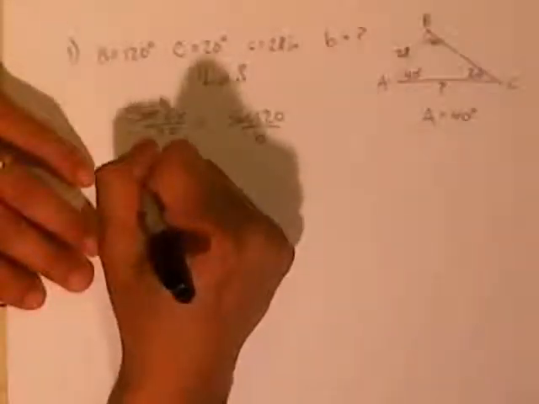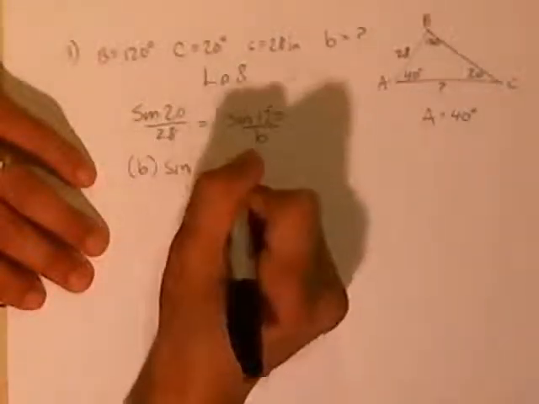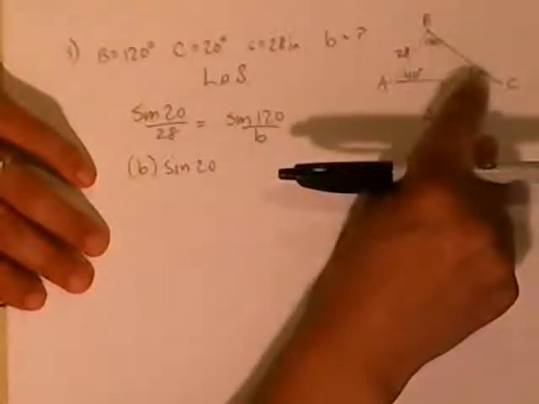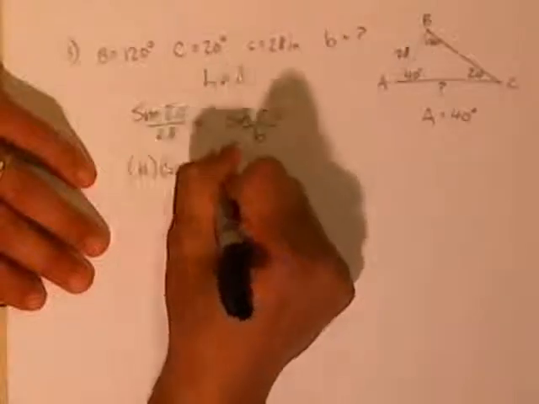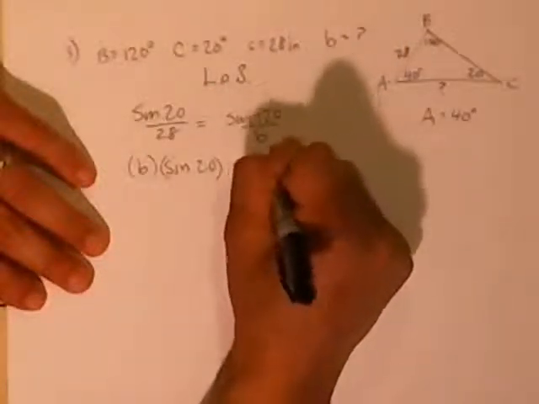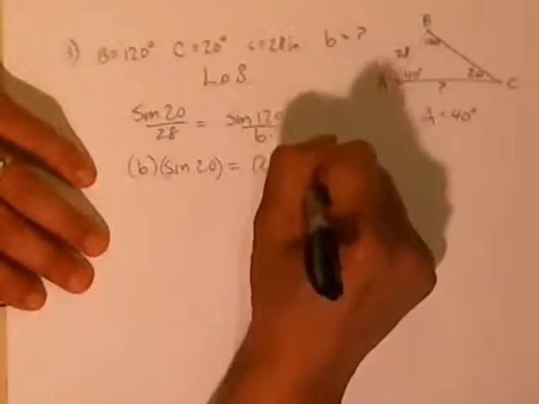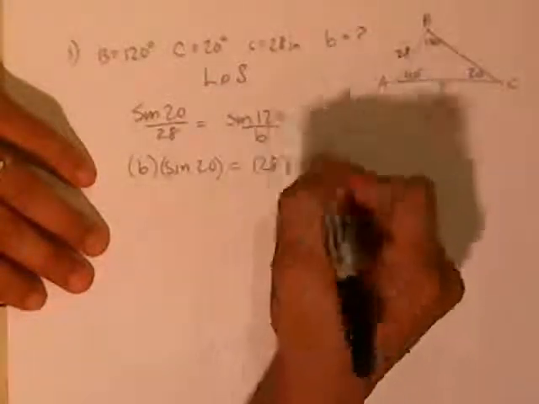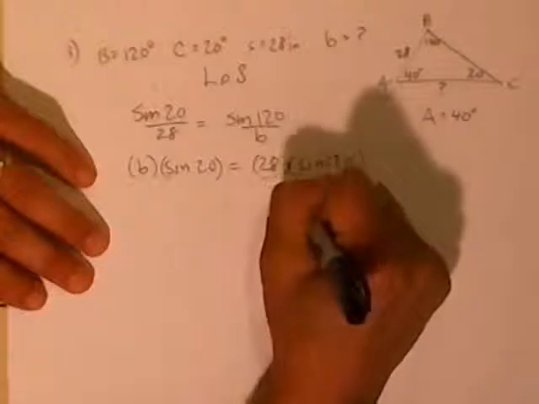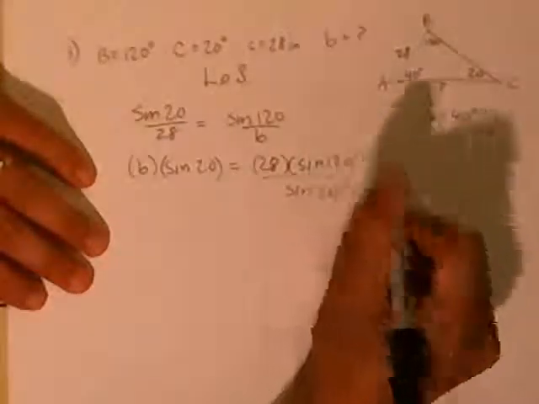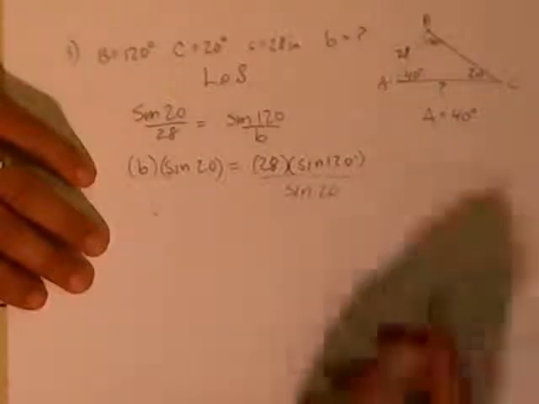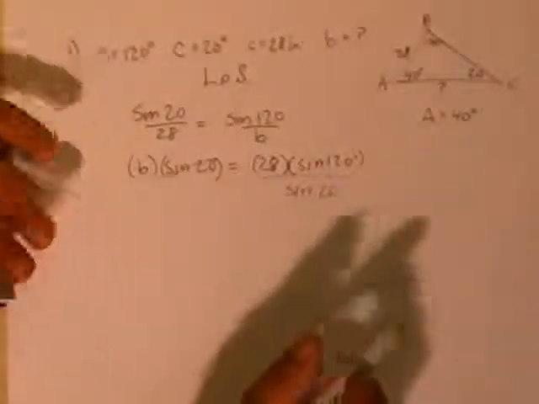Cross multiply: b times the sine of 20 over 28. Multiply those two is equal to 28 times the sine of 120 degrees. Solving for b, I'm going to divide by the sine of 20.